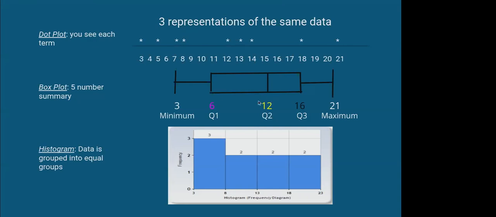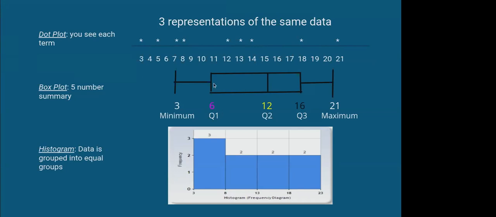The median of the data set is found first because that is the middle. That is the 50% mark of the data. And then you find the median of the lower half of the data and the median of the upper half of the data. And that is your box.